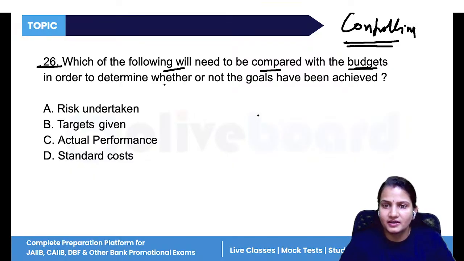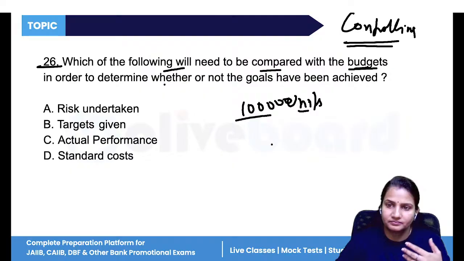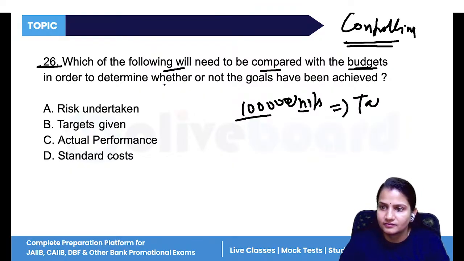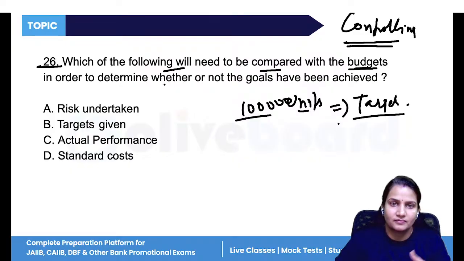You have made a budget that okay, you will achieve your targets like 10,000 units. Now these 10,000 units are to be checked by which thing? The targets which you have made. Okay, the performance which you will do. So these are the targets and you will check the actual performance with this target.